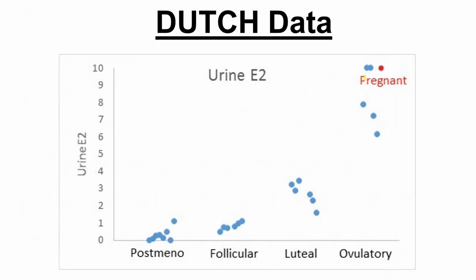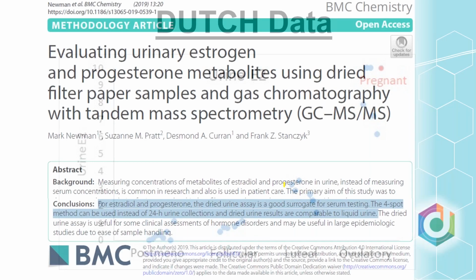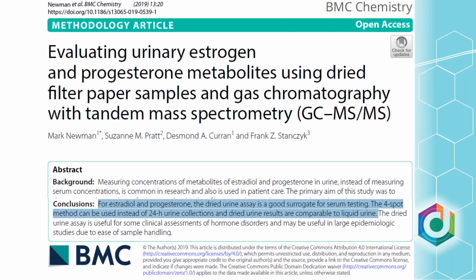Now, we repeated all of this sort of validation data with urine testing, with the Dutch test, and what we found is a very nice distinction between the hormone deficient and the hormone sufficient crowd. And so we took that data and actually published the serum correlation, which showed essentially statistical equivalence between the estradiol and the progesterone metabolites measured in the urine as compared to serum testing.